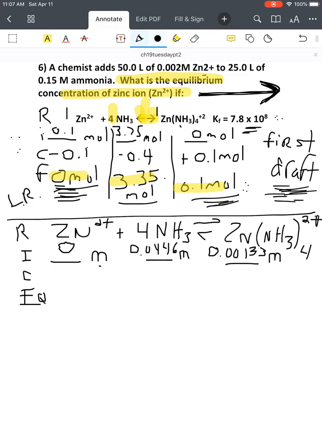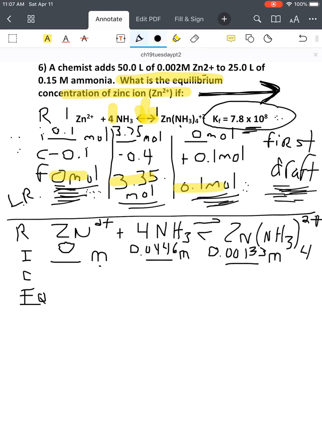Now we knew our first draft was not representative of reality because the values that we came up with here, here, and here cannot be plugged back into the equilibrium constant expression and get that number. We'll get something very, very different if we did that. In fact, we'd have a bit of a problem because this zero would cause all sorts of mathematical problems for us, right? So we have to alter that first draft, and that's what our ICE table is doing for us, right? Don't lose sight of that.